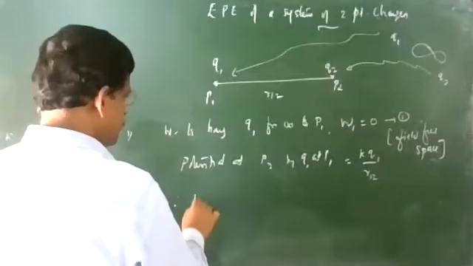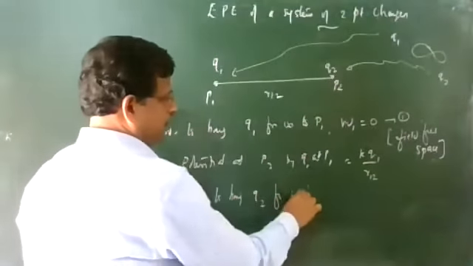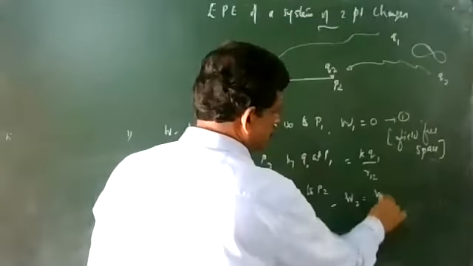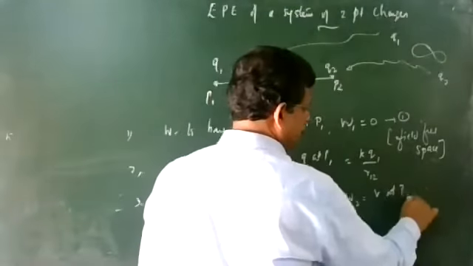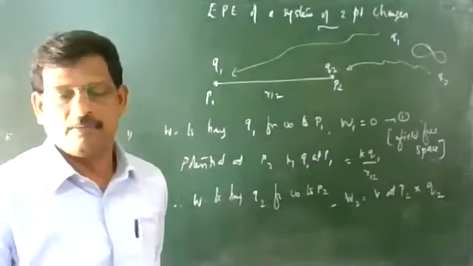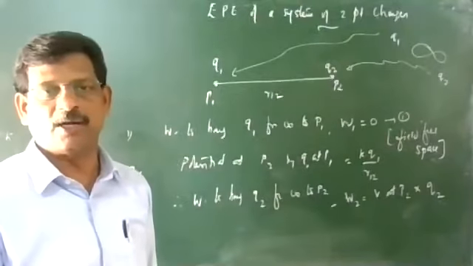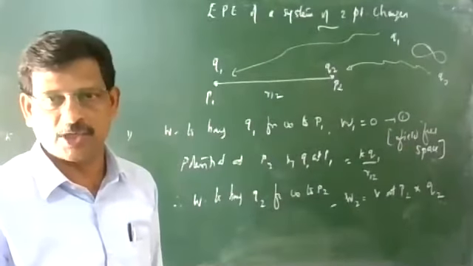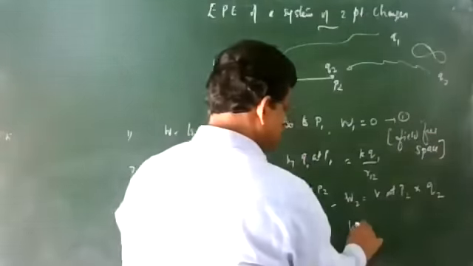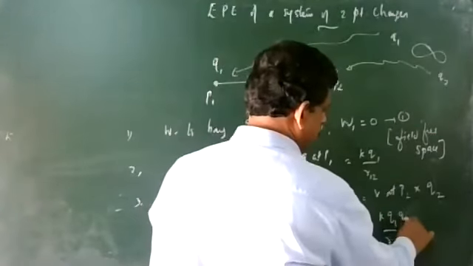Point number 3: work done to bring Q2 from infinity to the point P2, that is W2, is equal to the potential at the point P2 times the charge that you are bringing. Potential means work done to bring unit charge, so total work done is the potential at that point into the charge that you are bringing. So W2 is equal to A Q1 Q2 divided by R12.